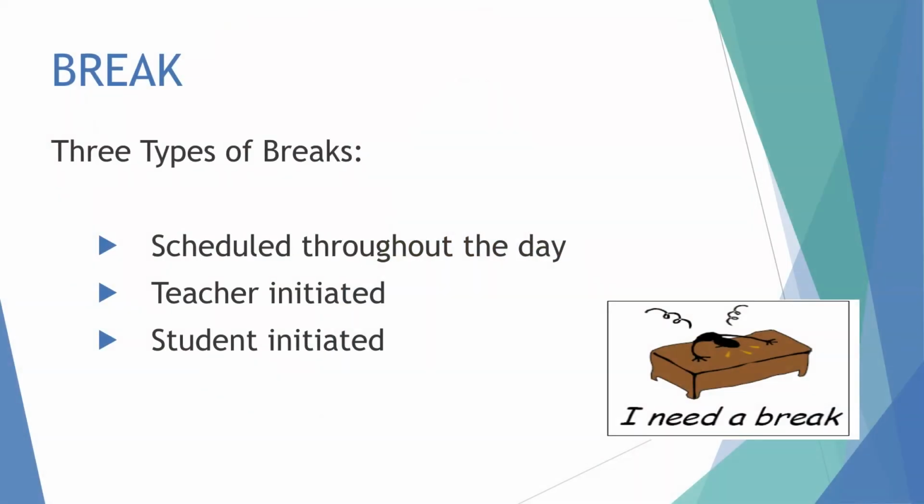You can tell they're getting frustrated. You might initiate a break at that time. Or you can also have students initiate a break where they have a place on their desk where they can say break please, and they can point to the picture, they can sign break, they can say break, some way that they can initiate that I need a break.